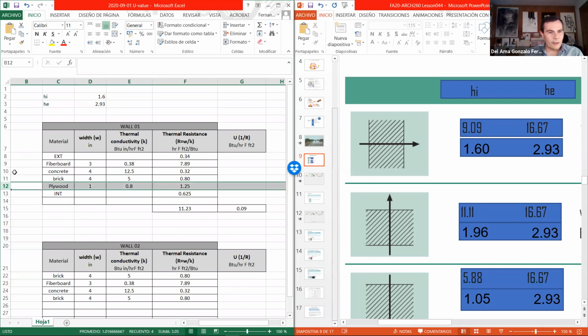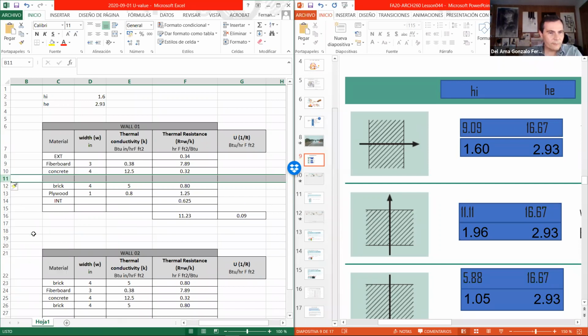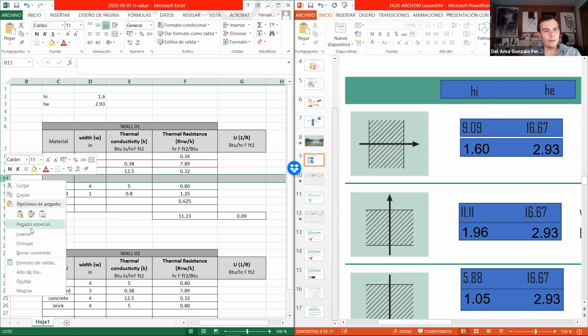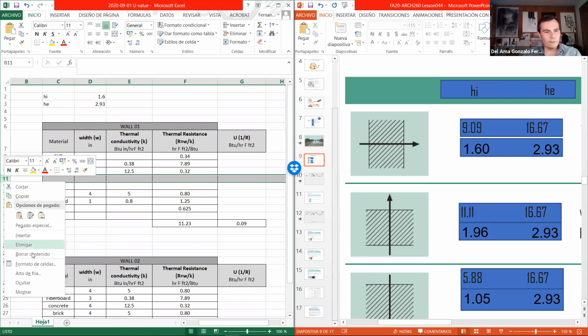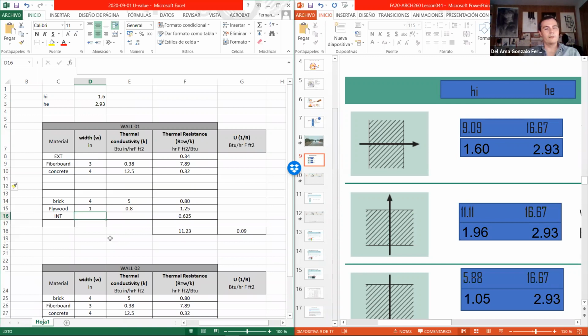You can right click, but on this column it doesn't work. If you click here on this, where all the numbers are, right click, you can insert. Okay, so you can insert as many cells as you need.